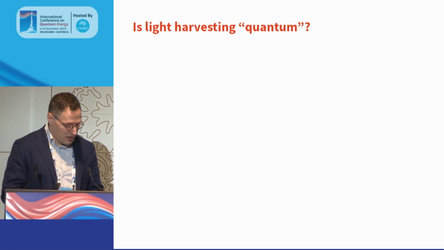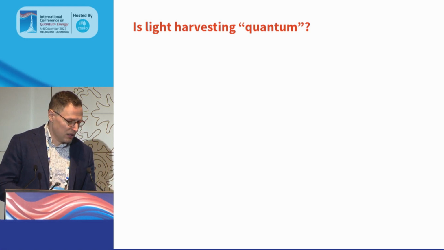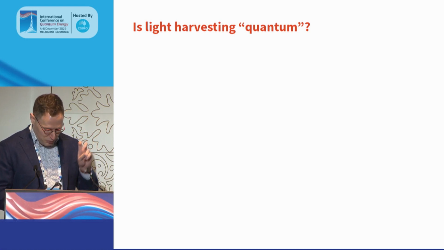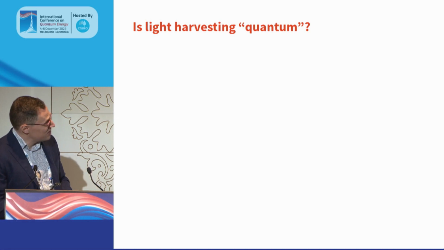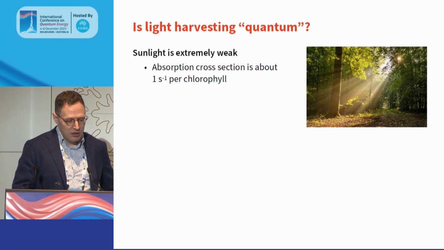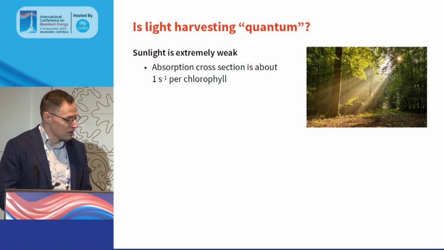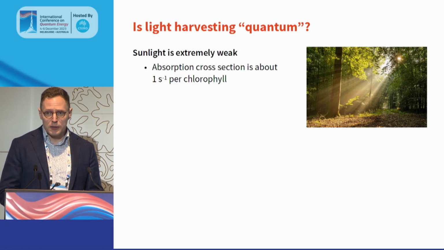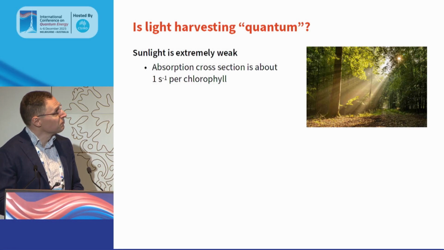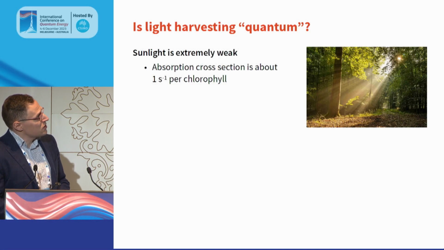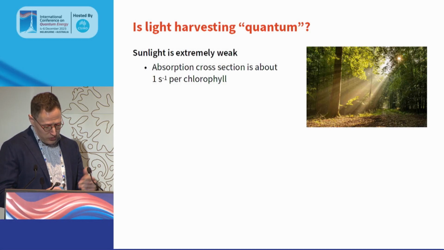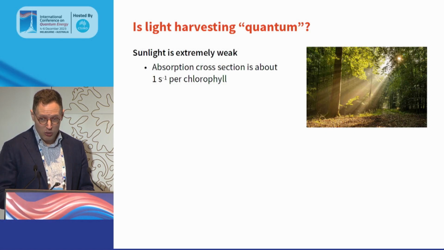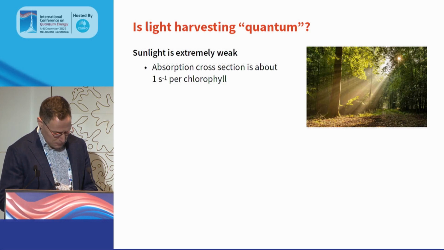But before I get to that, I really want to answer the question of whether light harvesting is quantum, because I get this question all the time, so I'm going to anticipate it. In some sense it's not, and the first point is that sunlight is extremely weak. It's not a pulsed laser, and in fact the absorption cross-section is only about 1 photon absorption per second per chlorophyll, so most of the time it's not doing anything.